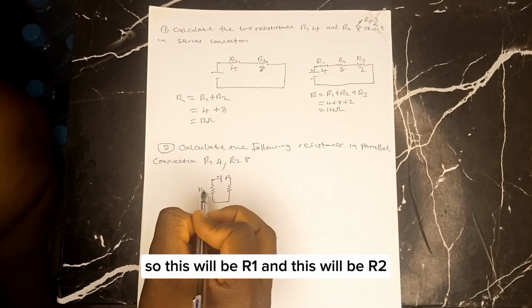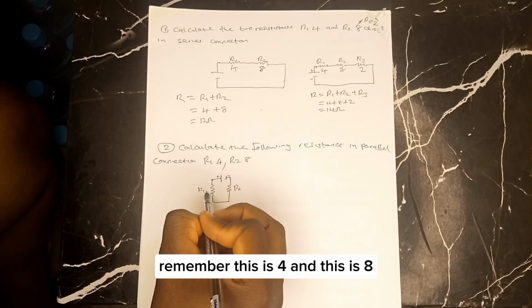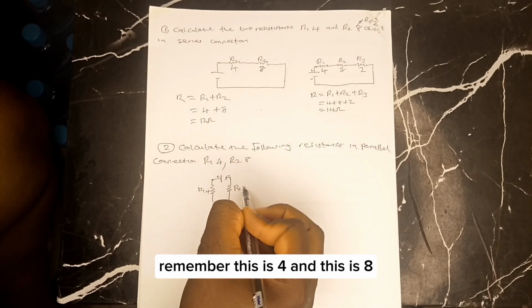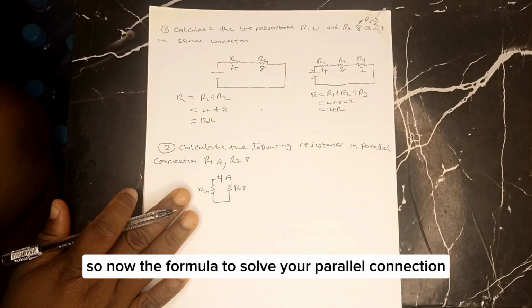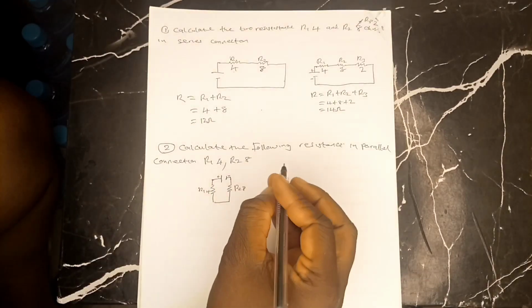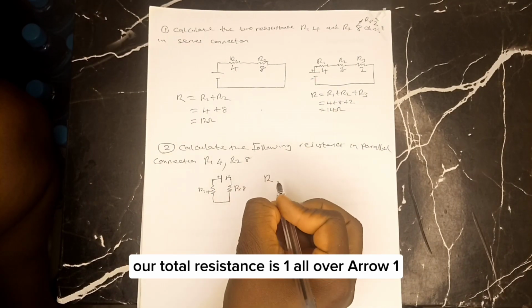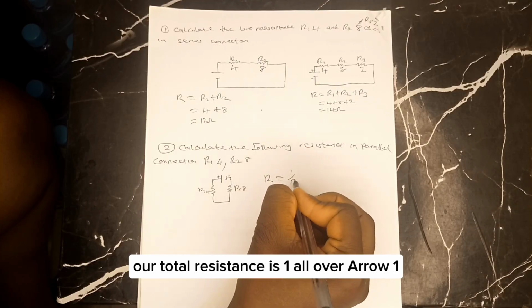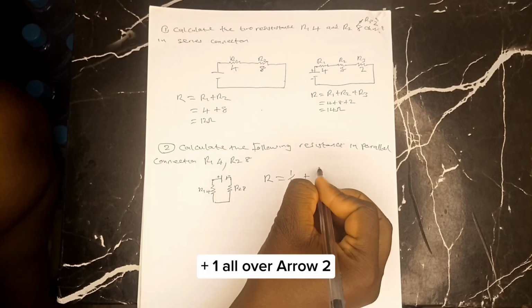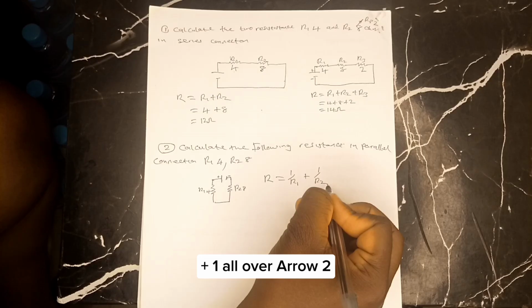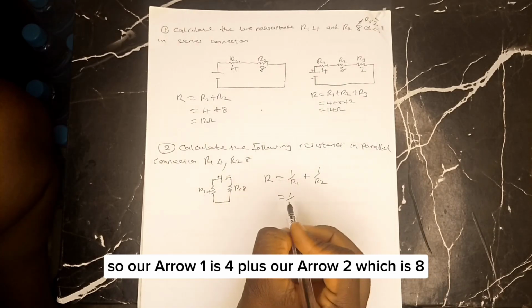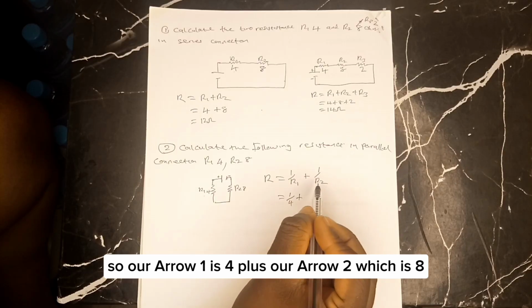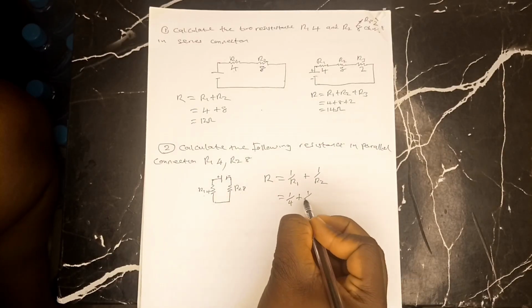This will be R1 and this will be R2. Remember, this is 4 and this is 8. Now the formula to solve your parallel connection: 1 over the total resistance is 1 over R1 plus 1 over R2. So our R1 is 4 and our R2 is 8.